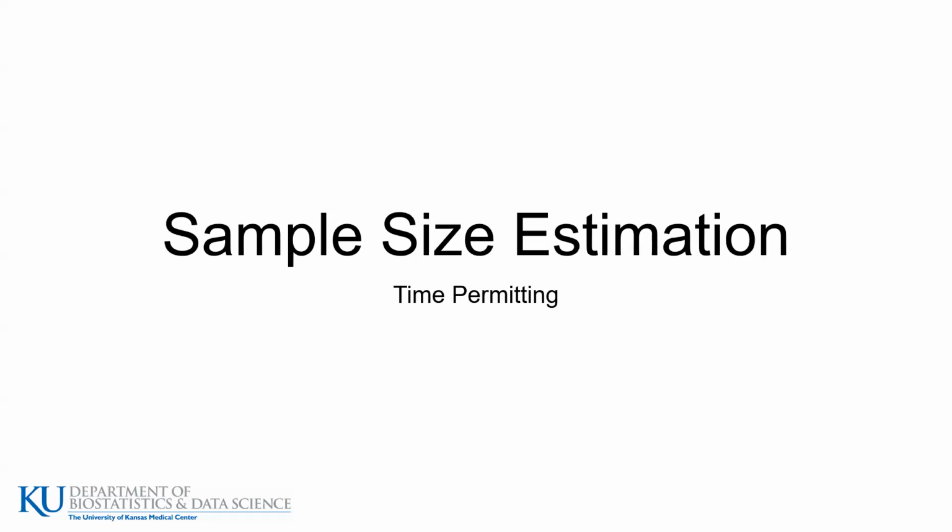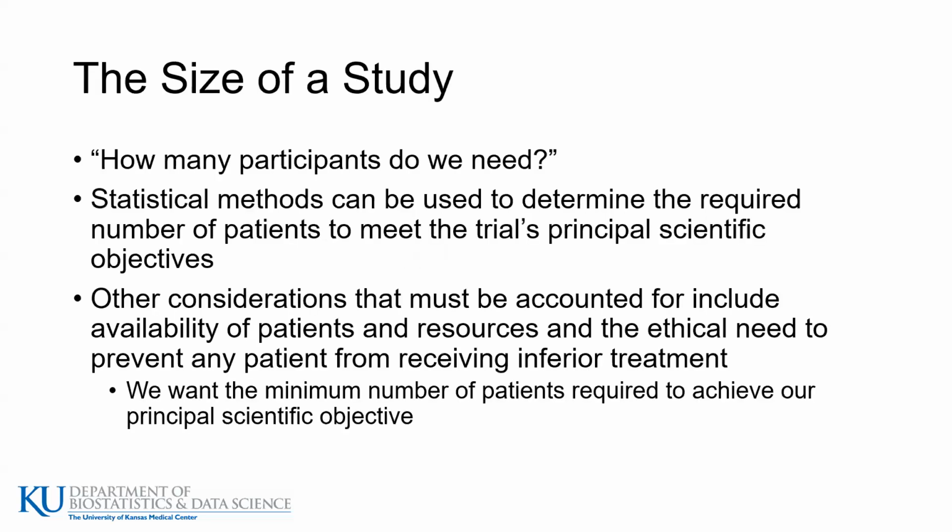Recall that sampling error is based on both the standard deviation as well as the actual sample size. So the higher the sample size, the smaller your sampling error, or your standard error, is. And the smaller the sample size, the larger your standard error is going to be.